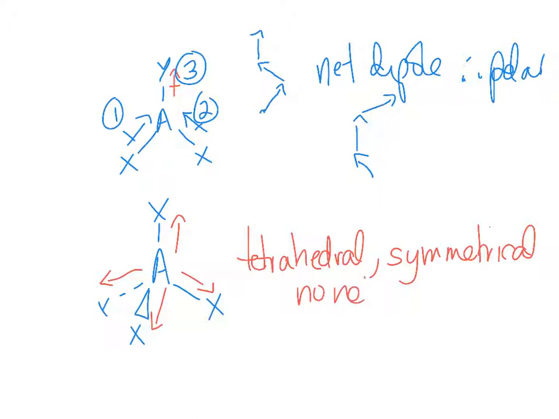It's really hard for you to draw the dipoles for this one. So if it's tetrahedral, like CF4, CH4, symmetrical, no net dipole.